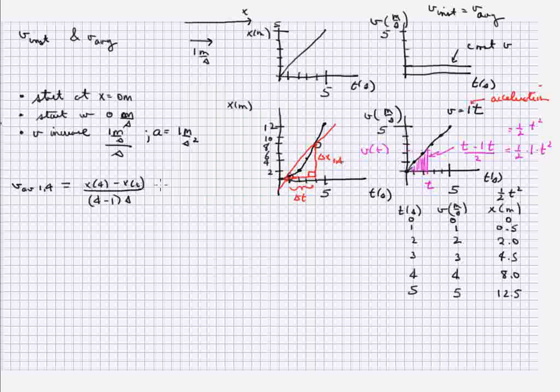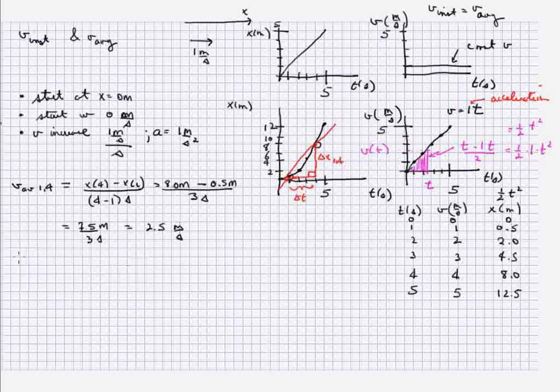X of 4 is 8 meters minus x of 1 is 0.5 meters, divided by 3 seconds, which is 7.5 meters over 3 seconds. In other words, the average velocity between second 1 and second 4 is 2.5 meters per second.